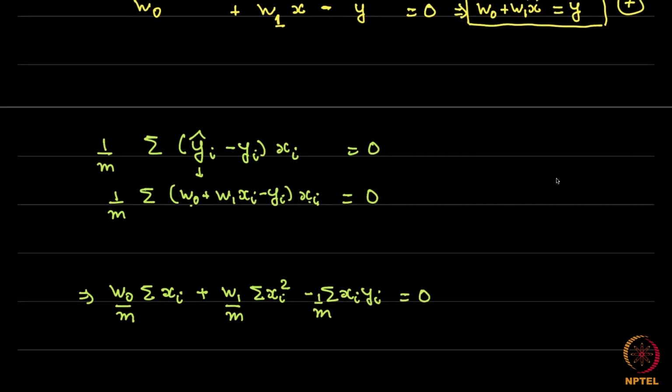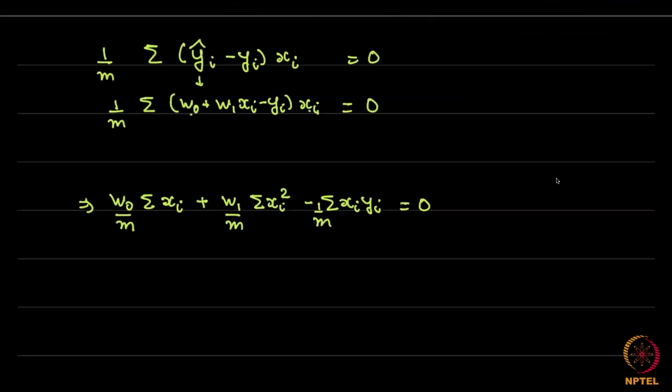Okay, so now let us do the same interpretation that we did the last time and write this down. So the first term becomes W naught times this combination of terms. So that's simply x bar, sigma xi divided by m, the average value of x, plus W1 times, now this is the average value of x square. So the square of the location is what we are averaging at this point. So this is x square bar.